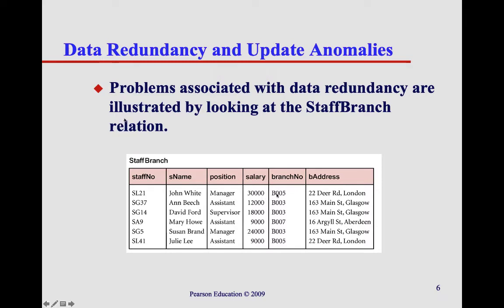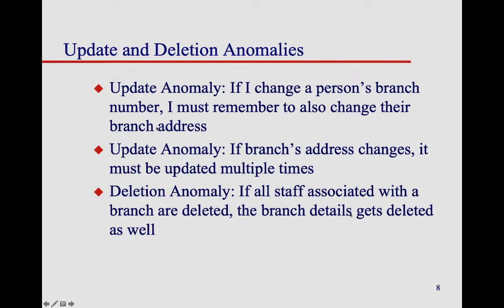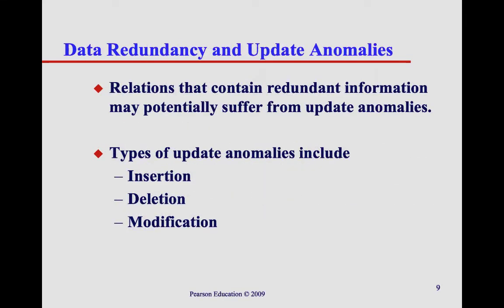One is I move someone to a new branch and I forget to change their branch address. The second update anomaly is that the branch moves to a new location and I forget to update all the locations. So there's two types of anomalies that can appear in that relation. Okay? So update, insert, delete. We're trying to avoid those three types of anomalies.